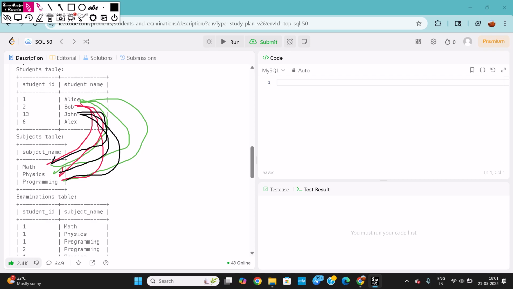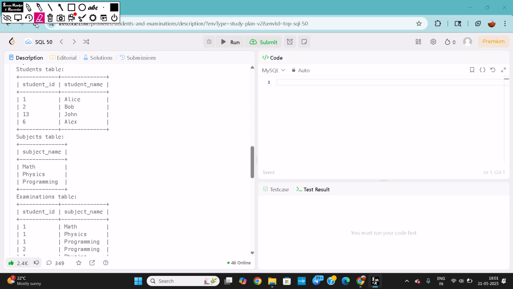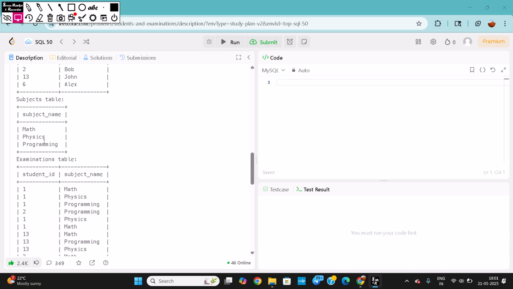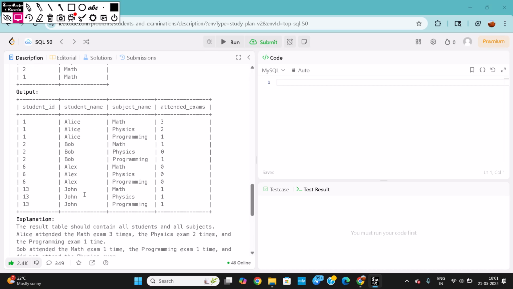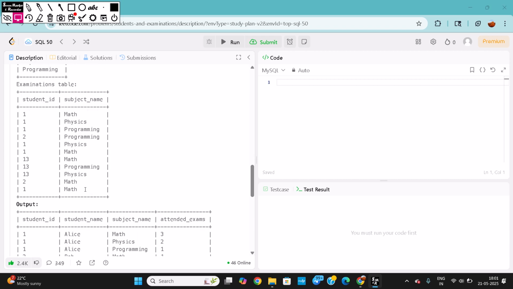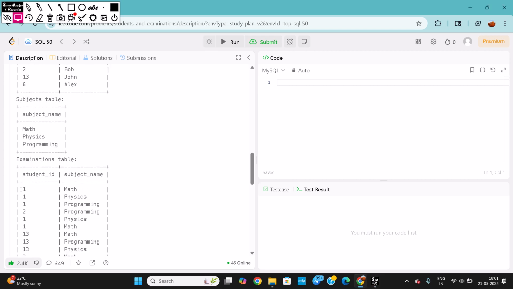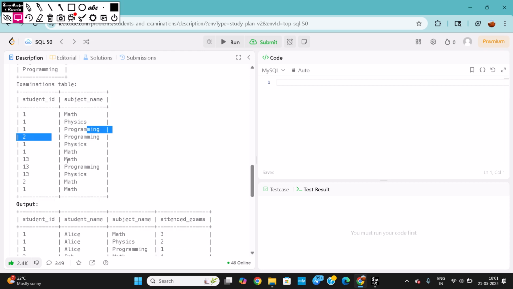Okay, so let's erase this first so that I can show you this. Let's go with student ID 1. Alice has taken Math, Physics, Programming, and here they're asking us how many times she took each subject. So if you see student ID 1, he took Math, Physics, Programming, and let's see whether he takes more than one time or not. Let's go with 1.